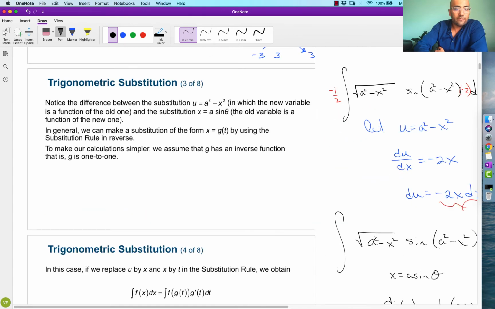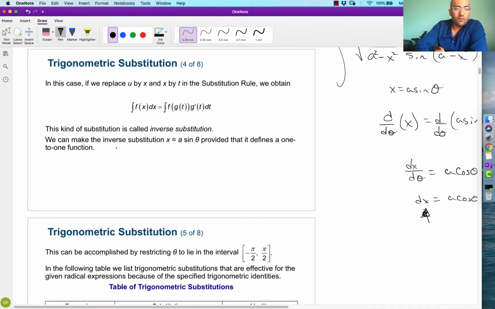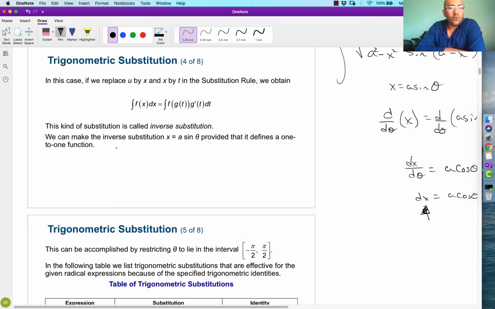Let's go back over here. If we replace u by x and x by t in the substitution rule, we end up with this. We have an original integral, which is some function of x dx.